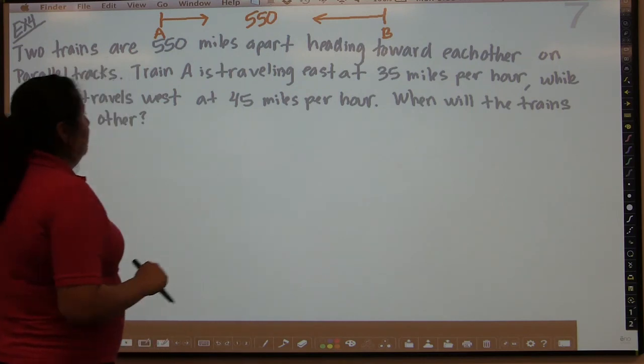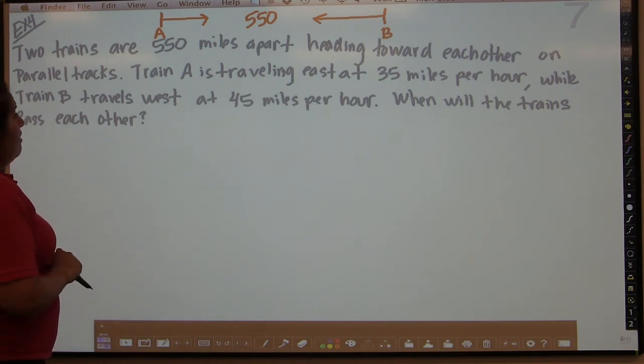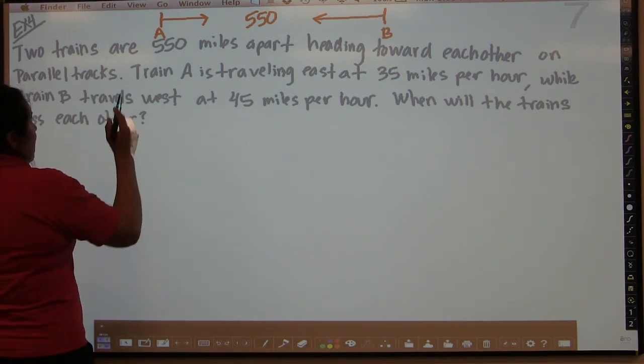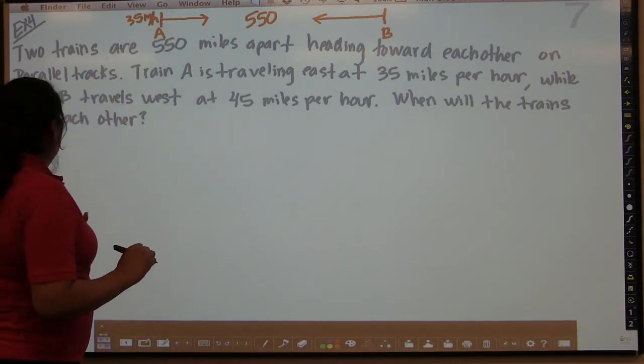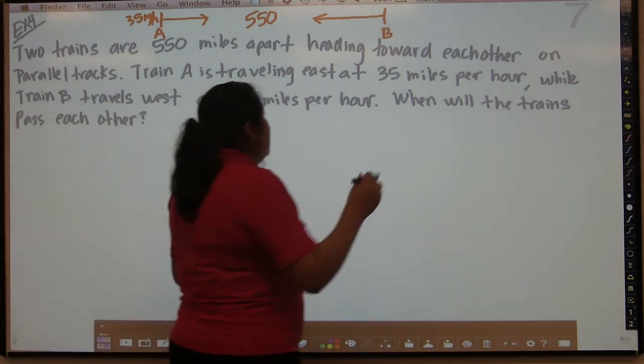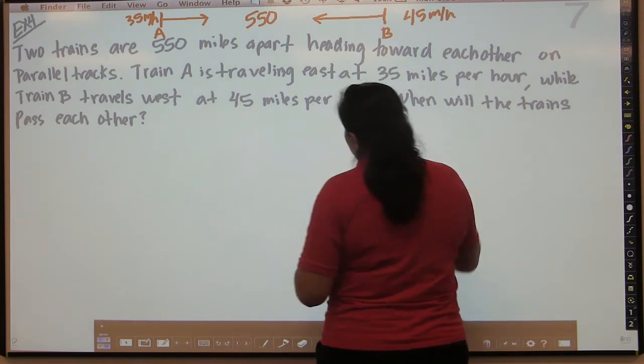Okay, so just beware. It says that train A is traveling east at 35 miles per hour. So this little guy is 35 miles per hour. Meanwhile, the other train, train B, is traveling a little faster at 45 miles per hour. All right?